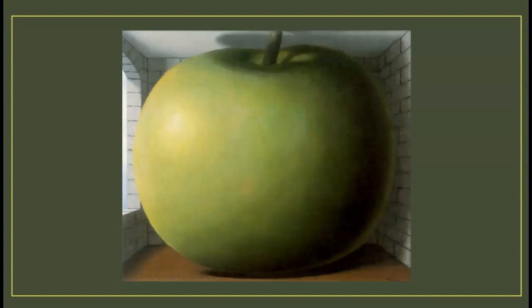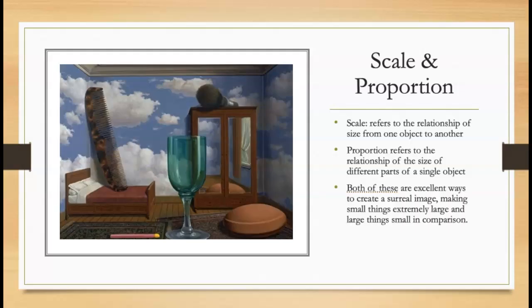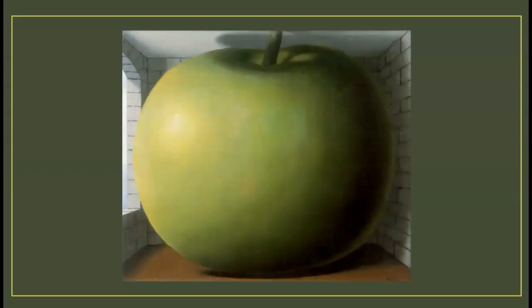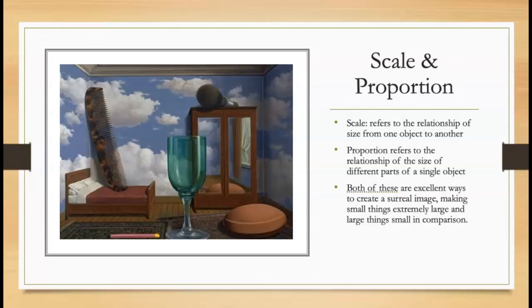One of the big things that he used here was also placement, because he would put these objects in places that would emphasize their unrealistic scale. So obviously, if he just had the glass and the brush and the comb up on a table, this wouldn't look like a weird still life. You'd be like, okay, cool, that's a glass and comb and brush, and there's no context for scale.